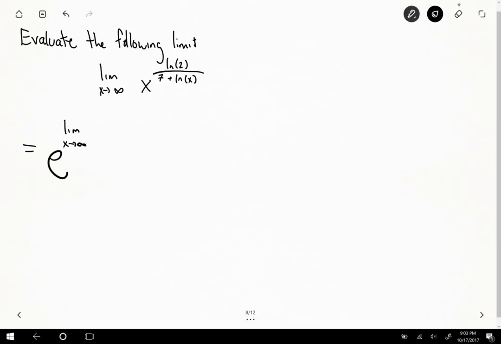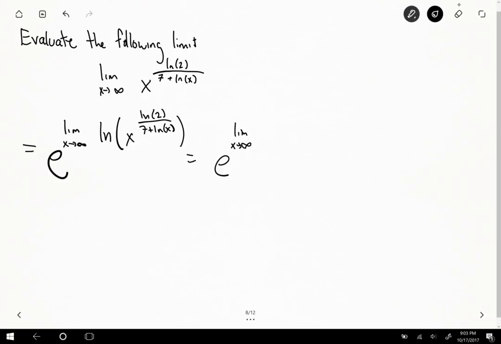But in this case, e to the limit as x approaches infinity, we said natural log is what we'll do with this. So natural log of x to the natural log of 2 over 7 plus ln of x. And what that allows us to do, once again, is bring that exponent on down. So we get e to the limit as x approaches infinity.